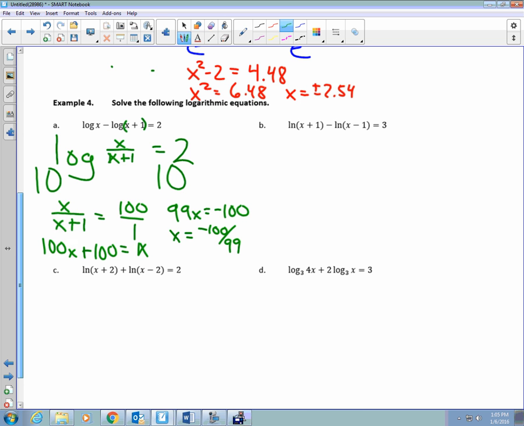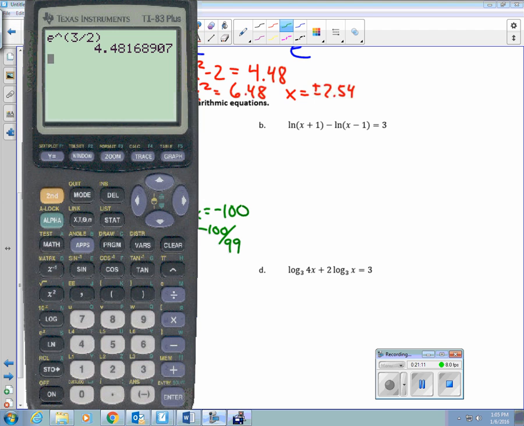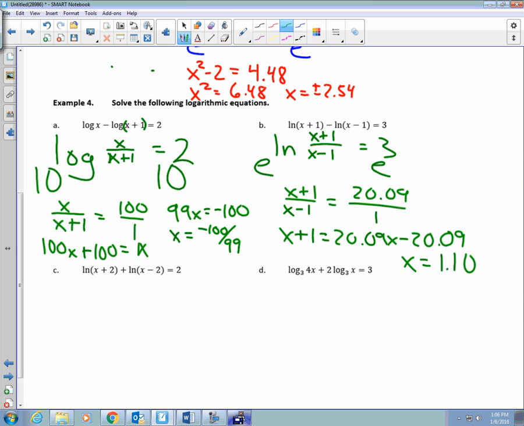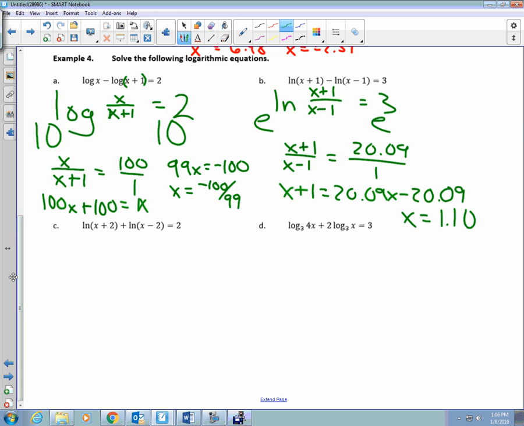B is almost identical. See if you can do it on your own. I have the work up here. Does anybody have a solution for me? Good. Okay. All right. How is C different?